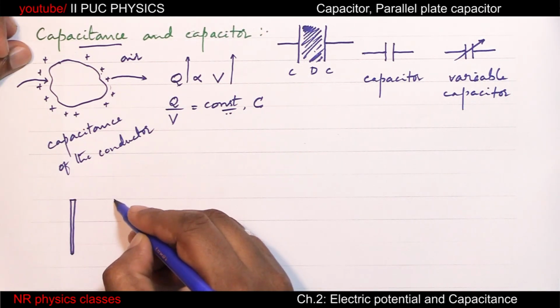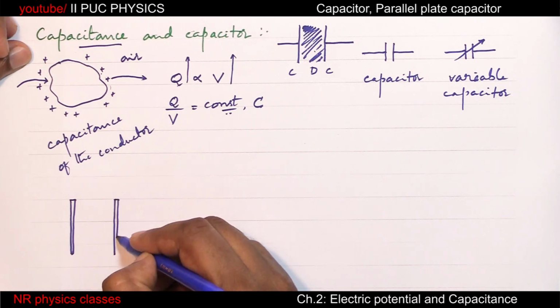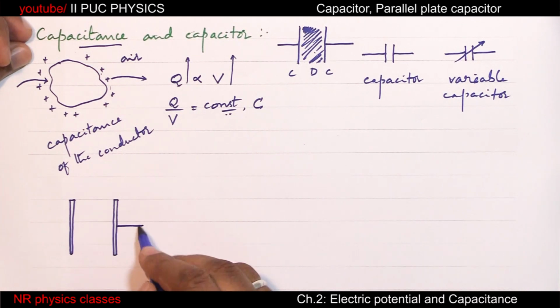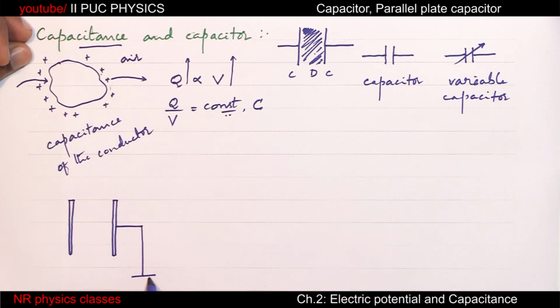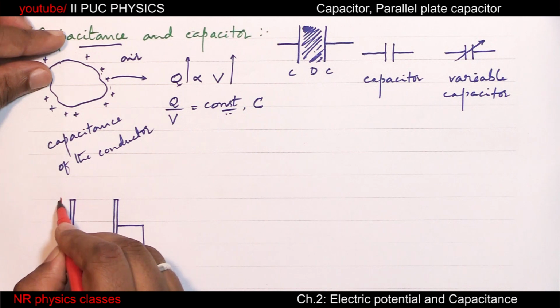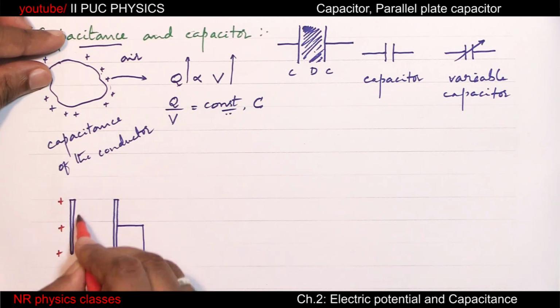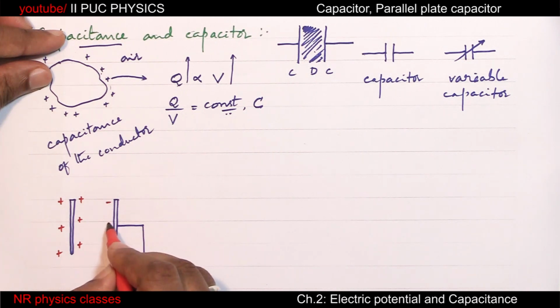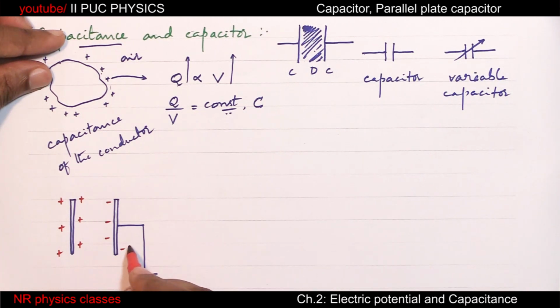Two metal plates which are parallel to each other, and one of the plates should be connected to ground. If charge is given to the capacitor, means if charge is given to one of the plates, then equal and opposite charge is induced.